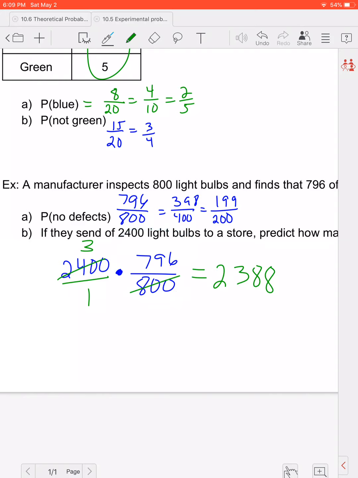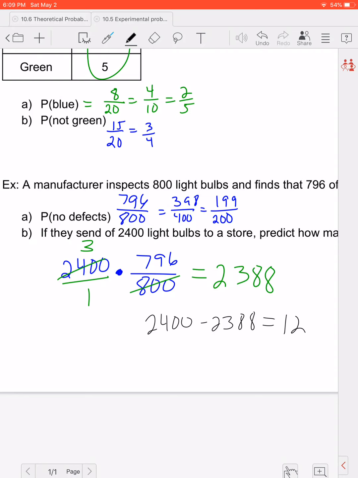Okay, so we should get the same answer either way just because it's reduced, but it's better in case you accidentally did something wrong. So we're going to do 2400 minus 2388. So 2400 minus 2388 would mean that there are 12 defective light bulbs.